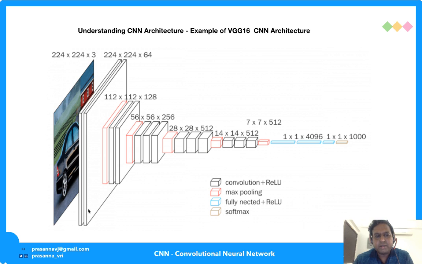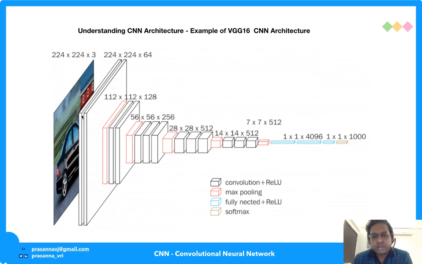The first one is convolution, which is called convolution plus ReLU as a layer, and then max pooling is done. I understand that we have not introduced any of this, but this is just to give you the different terms that we should focus on. We will detail all these terms and how they are going to help us build this similar architecture.